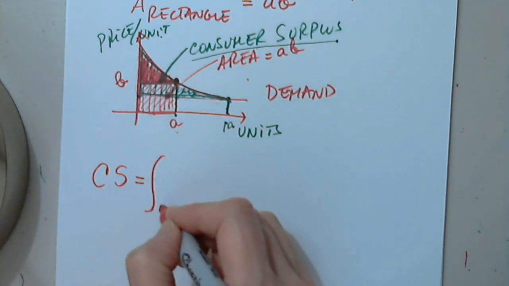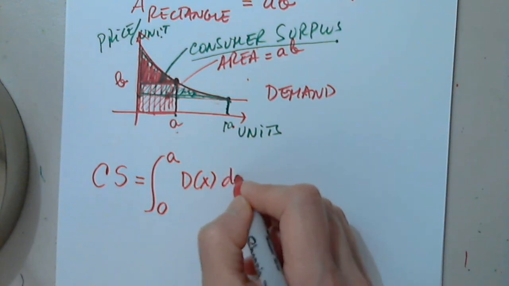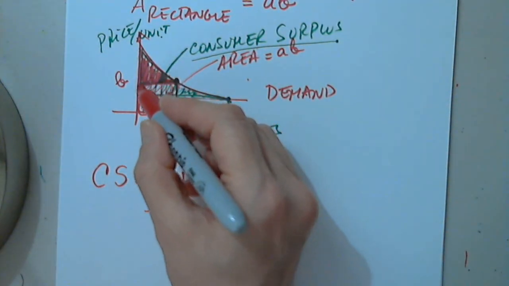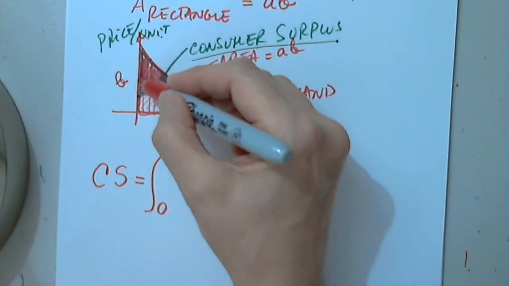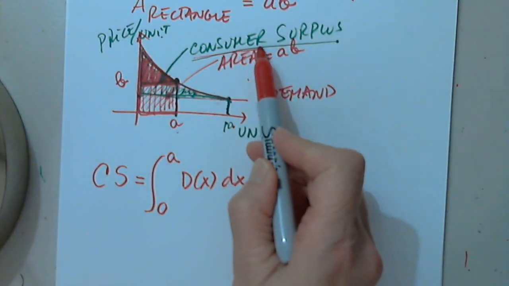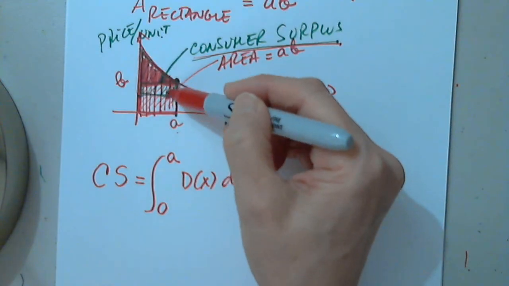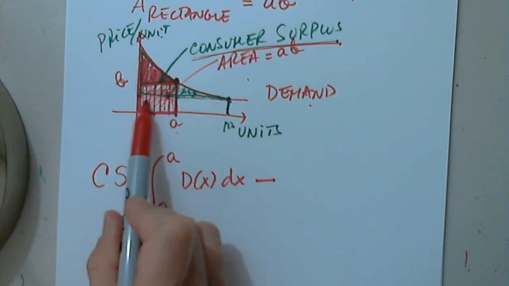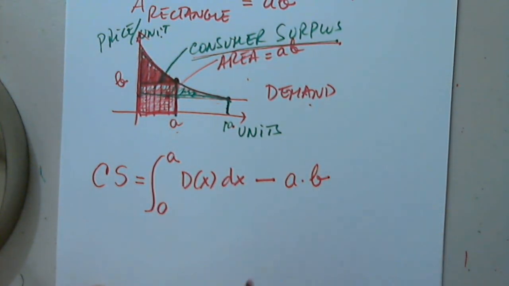So it will be the integral from 0 to a of the demand function of x, minus this area of the rectangle, because I want the red area. In order to determine the red area, which is the consumer surplus, I will determine the entire area under the graph of the demand function, but of course I have to subtract the area of the rectangle. And that's it.